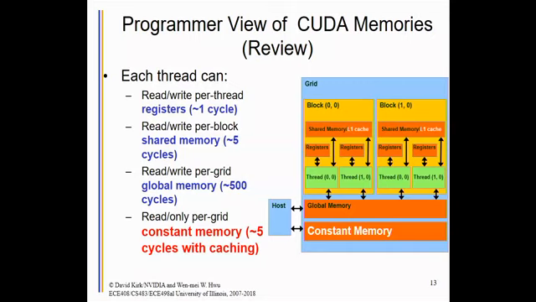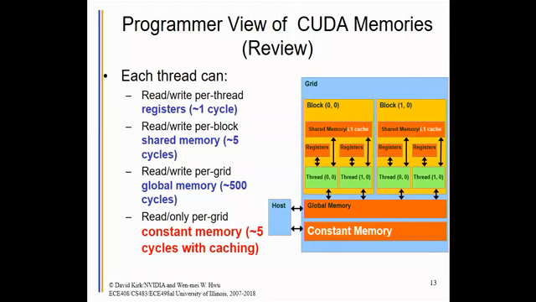And then we have the read-write per grid global memory. Some of you asked, I think one of the questions on Piazza was, is this really per application or per grid global memory? The answer is, per grid means the access scope. That is, all the threads in the same grid will see the same variable.